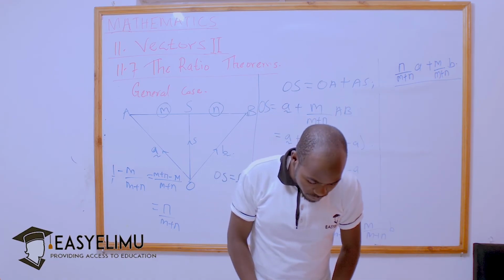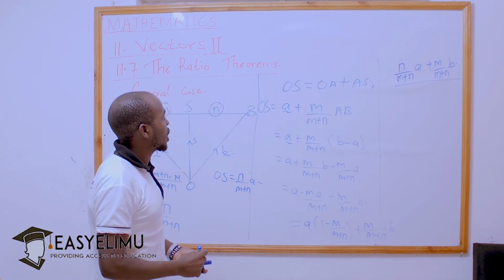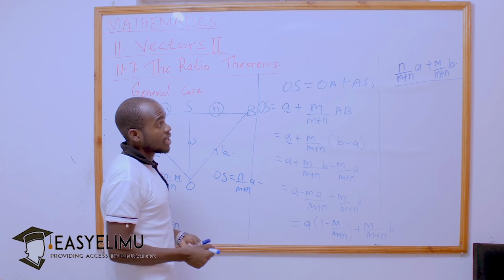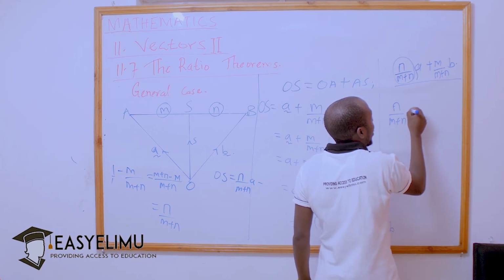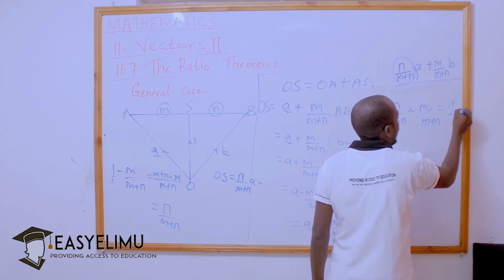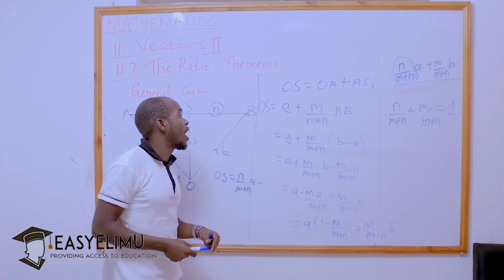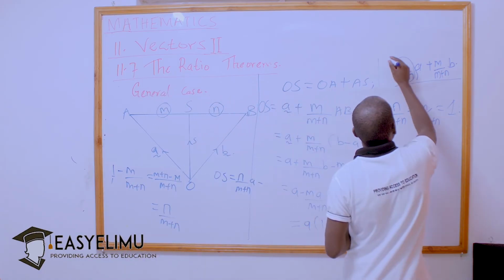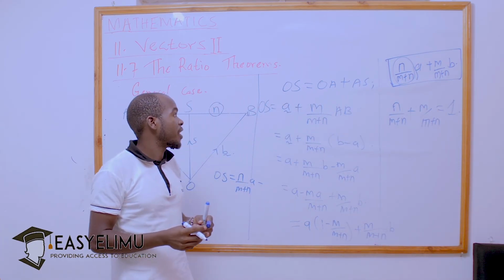Now we shall use that theorem and find out how to apply it in our evaluation. But remember one thing: if you take this ratio, n over m plus n, and add it to m over m plus n, you will find 1, because all of it added gives a whole number 1. So we shall be using this ratio theorem to solve numerical problems.